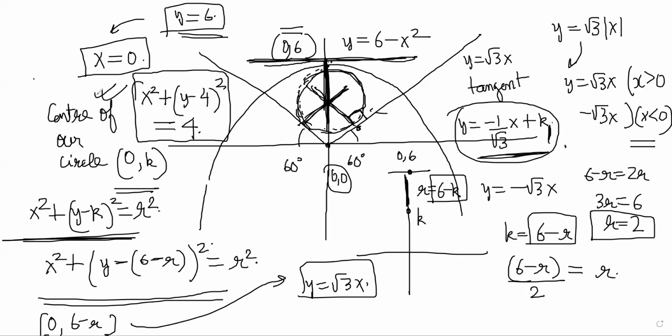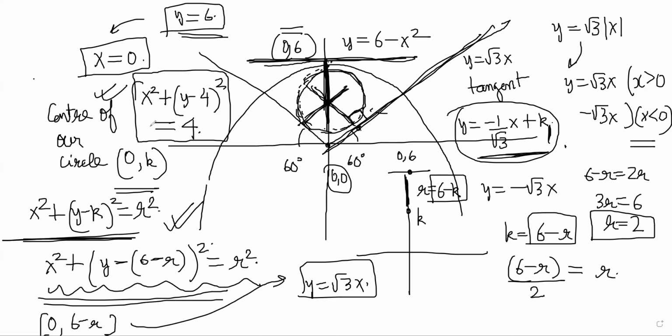So we wrote the equation of the circle like this, and then we converted everything into terms of one variable r. And then we used the fact that this circle is tangent to this line by finding the perpendicular distance between the center and the line and saying that it must be equal to r. And that helps you find the equation.